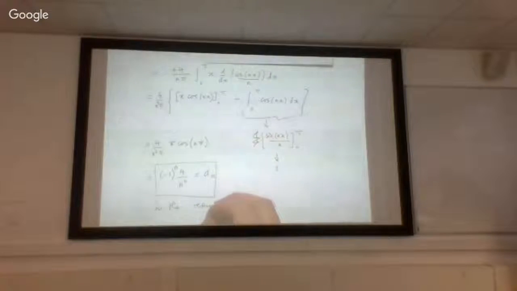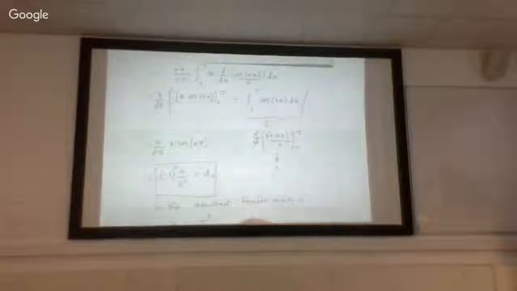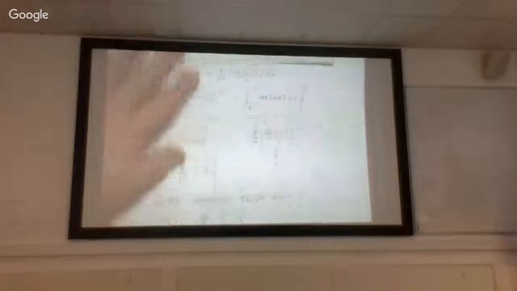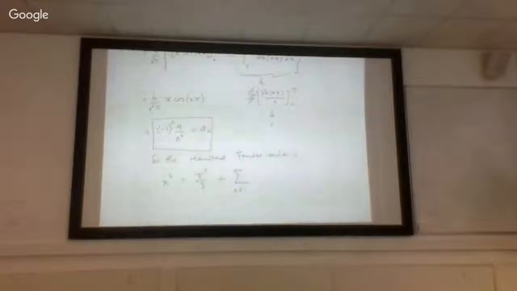So we can say the required Fourier series is x squared, this is the function we're dealing with. It's a half of a0, which comes out as pi squared over 3, plus the sum over every n. And is there anything I can pull out?